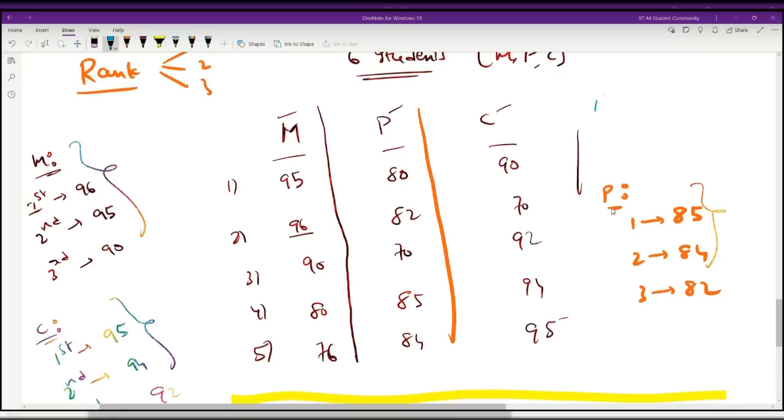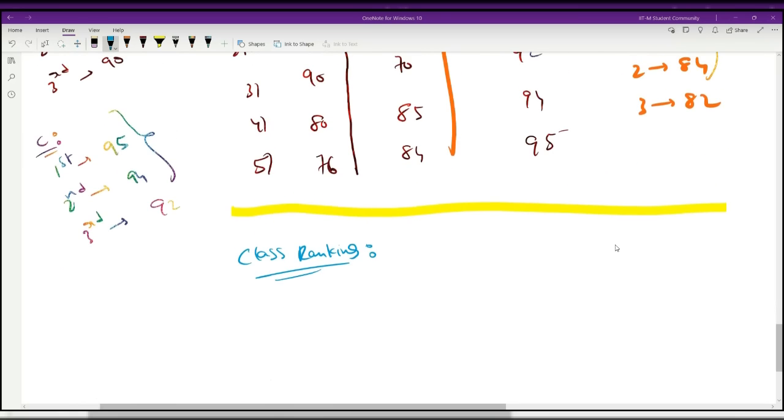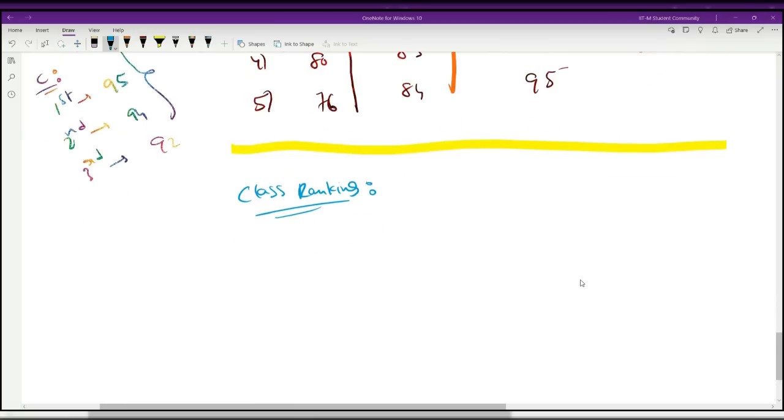What is the first student's total score? I mean the student one, not the first position one. 90 plus 95, 185. 185 plus 80 is 265, right? And the second person, he scored 166 plus 82, 248.